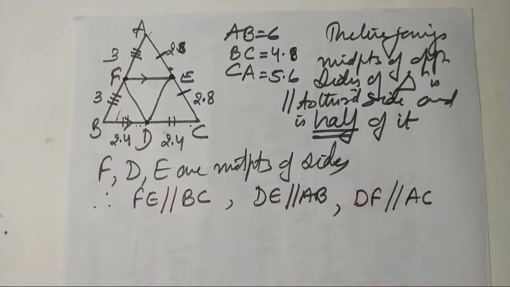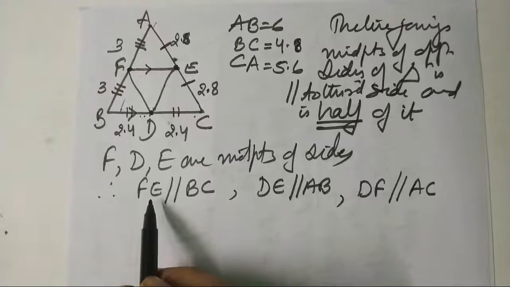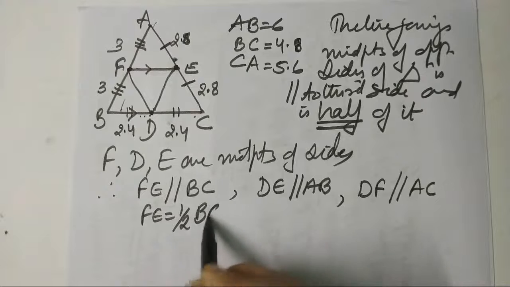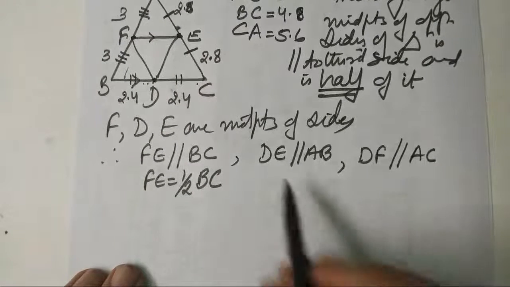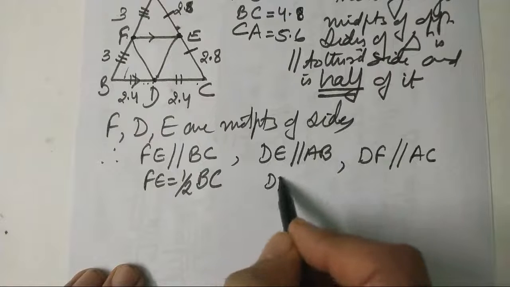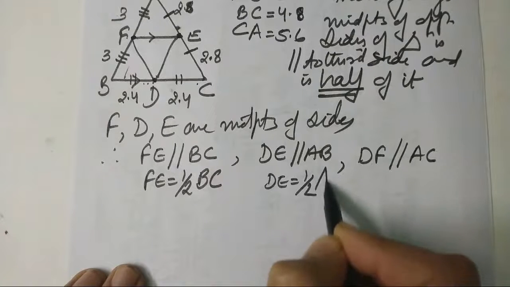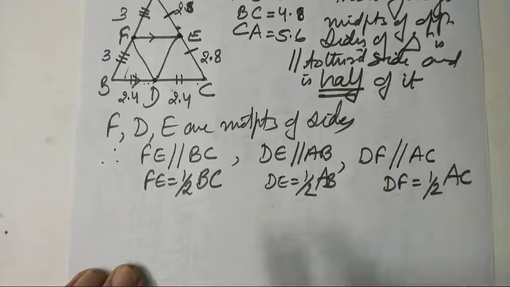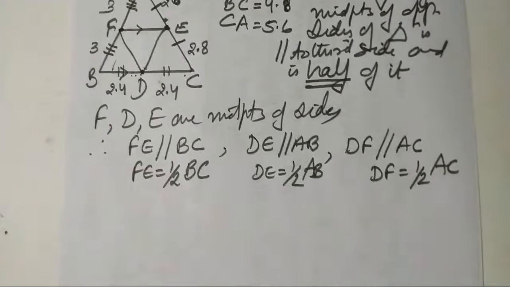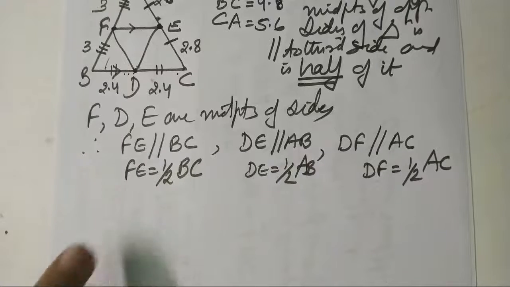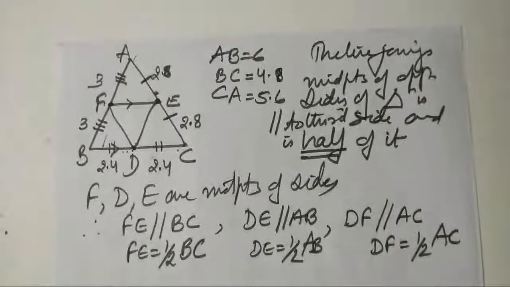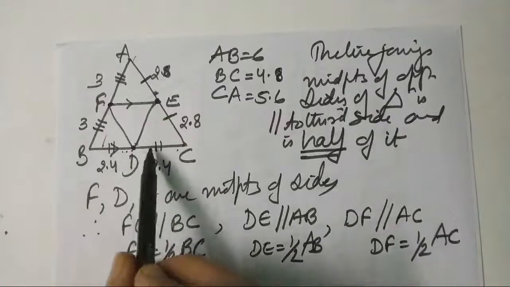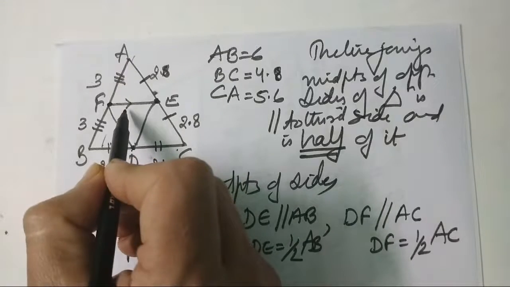Now the second thing is half. FE is parallel to BC and FE is half of BC. The same thing will be parallel and the same thing will be half. DF will be half of AC. Three things will occur. Now BC is 4.8, so what is the length of FE?